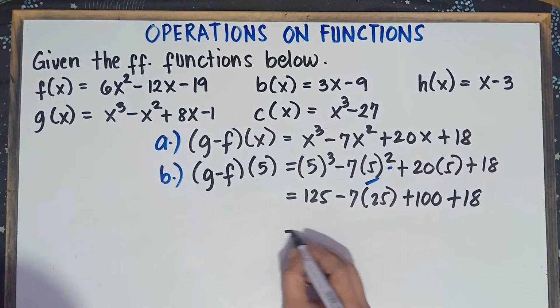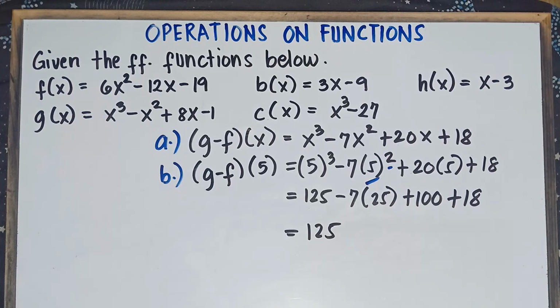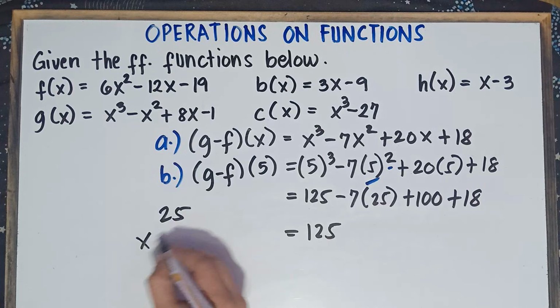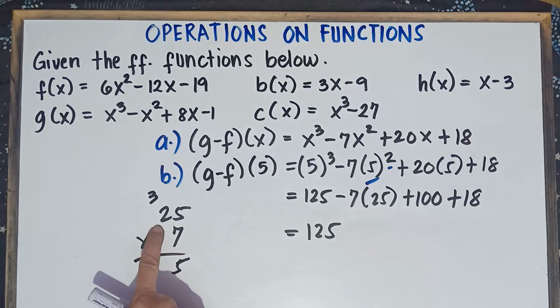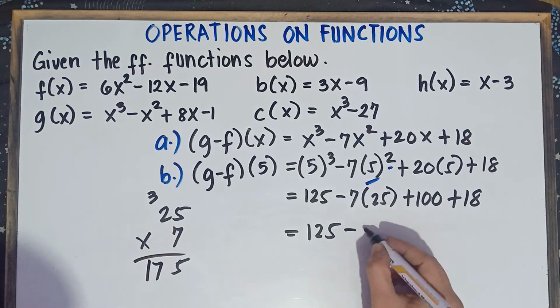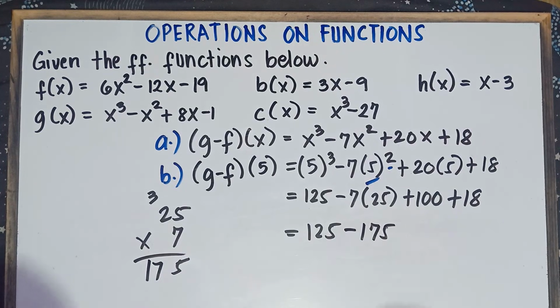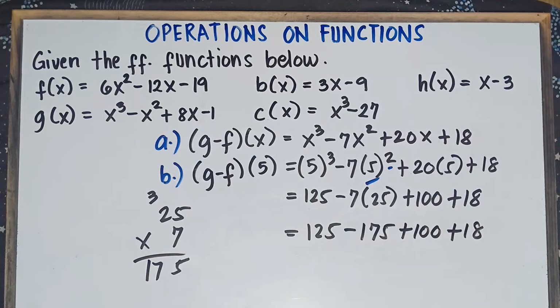Copy 125, and then simplify negative 7 times 25. 7 times 5 is 35, so 5, carry 3. And then 7 times 2 is 14, plus 3 is 17. So this will be negative 175, plus 100, plus 18.